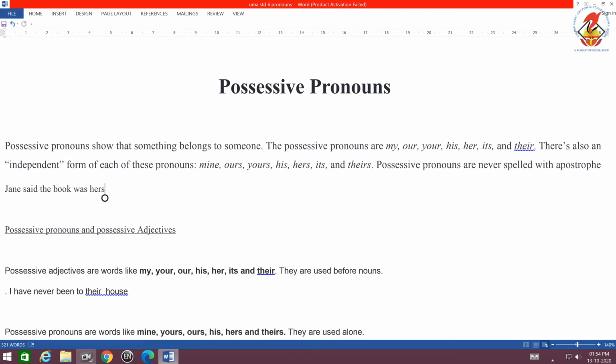Now, possessive pronouns and possessive adjectives. Let us see the difference. Possessive adjectives are words like my, your, our, his, her, its and their. They are used before nouns. An adjective usually qualifies a noun, so it is used before a noun. If the word is before a noun, that is a possessive adjective.